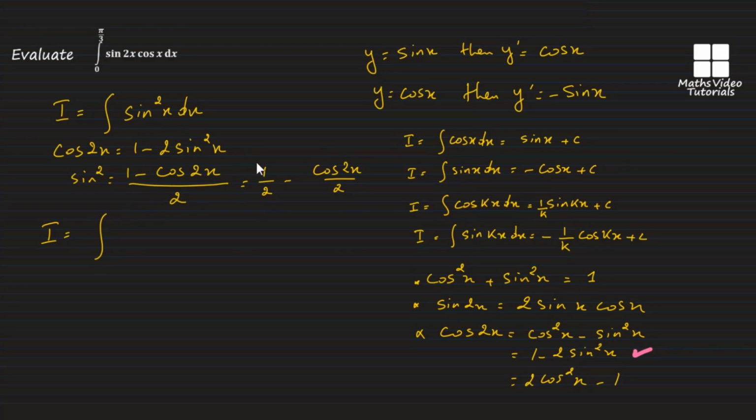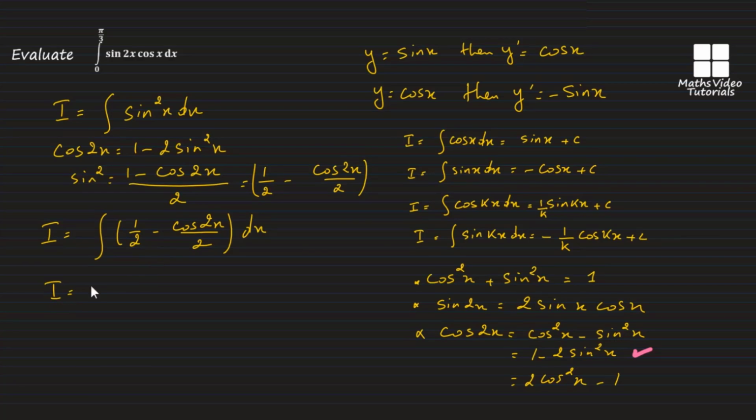So let's replace it. I'm going to put it in brackets: half minus cos 2x over 2, close bracket, and then dx, of course. Let's not forget the dx. I'm going to expand, or open the bracket, and that allows me to rewrite it as a difference of 2 integrals.